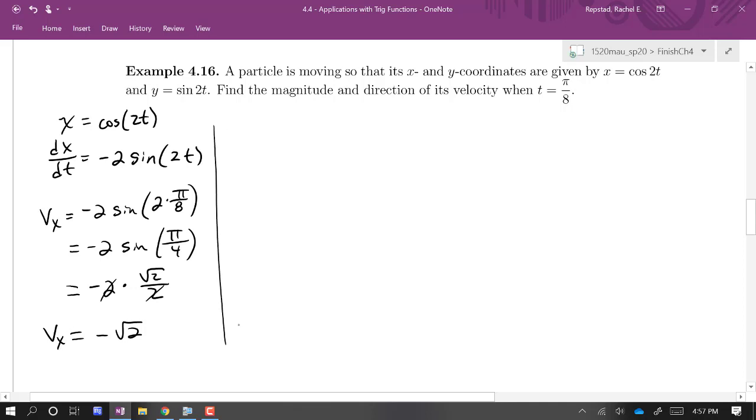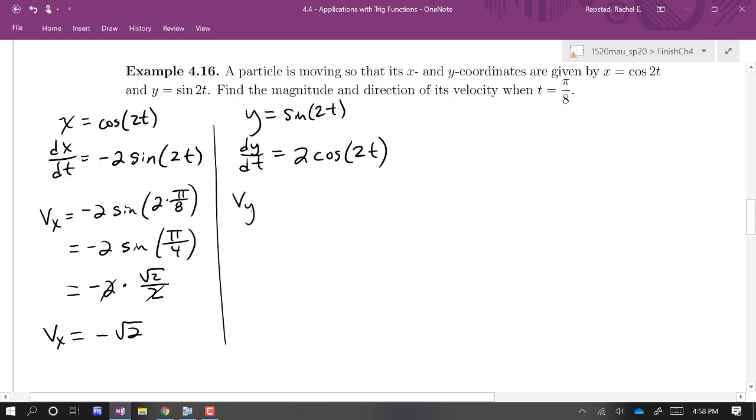I'm going to do the same thing with the y function. Y is equal to sine 2t. So dy dt is 2 times cosine 2t. The derivative of sine is cosine, and we get that factor of 2. It comes from using the chain rule.